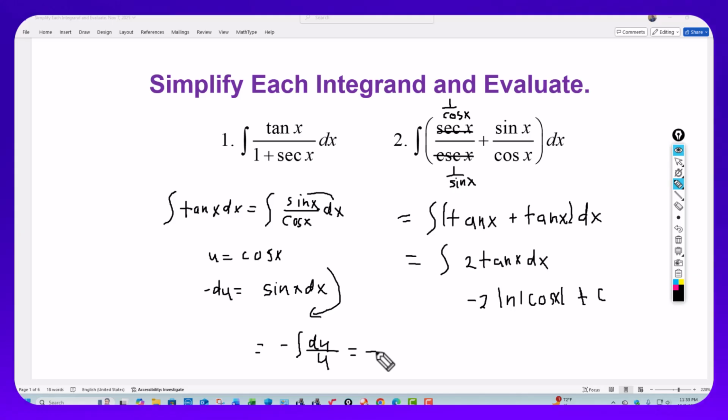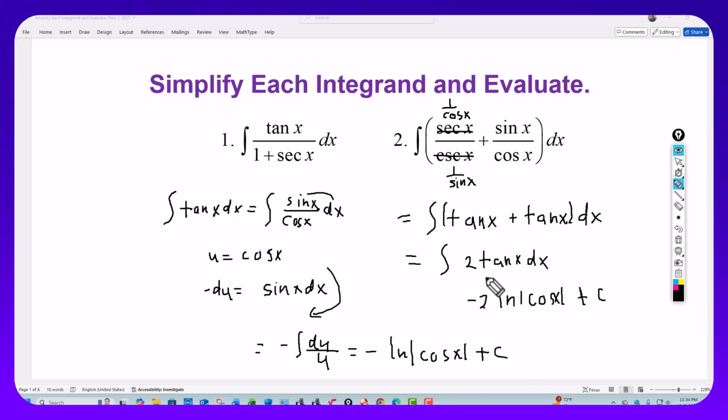Again, we use the formula natural log of absolute u, but u in this case is cosine of x. We get minus natural log of absolute cosine of x, and of course plus your constant of integration.